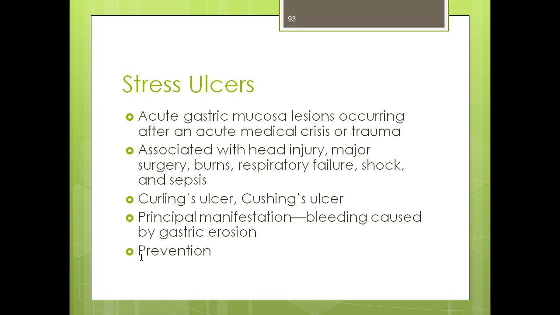Some of the names are Cushing's or Curling's ulcer, and basically you'll just have the bleeding, and you have to try to work on whatever the source or the reason for the trauma is to prevent that from happening.